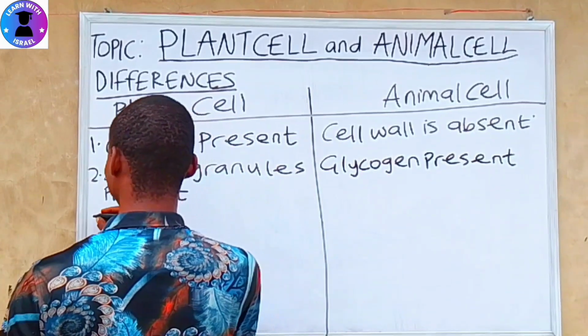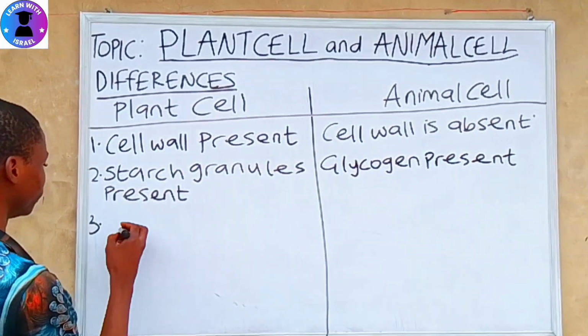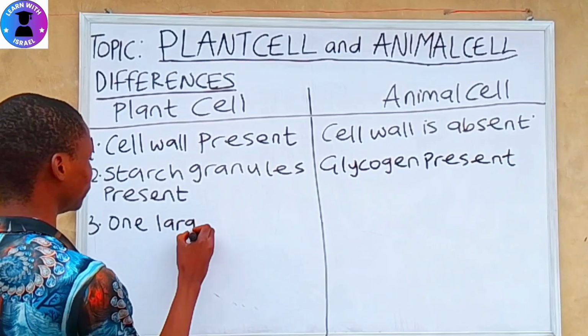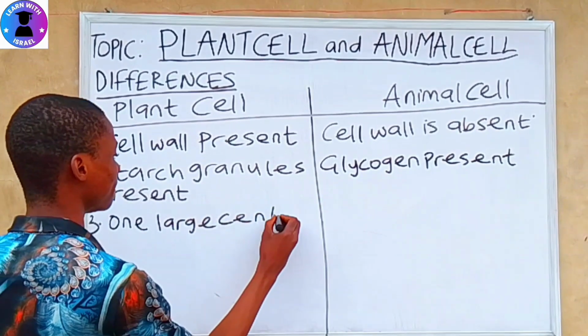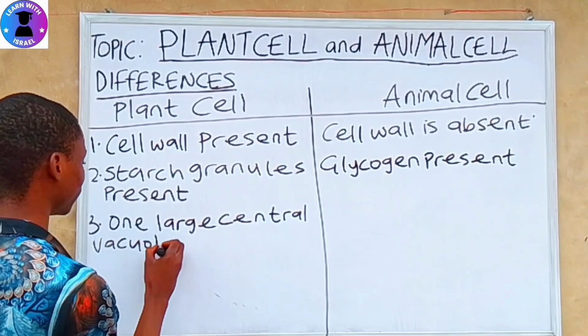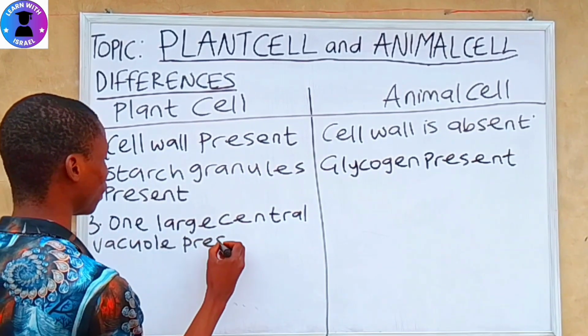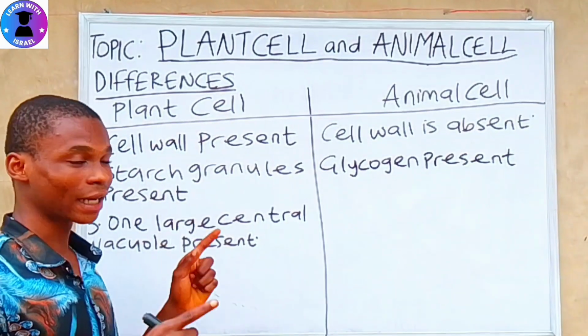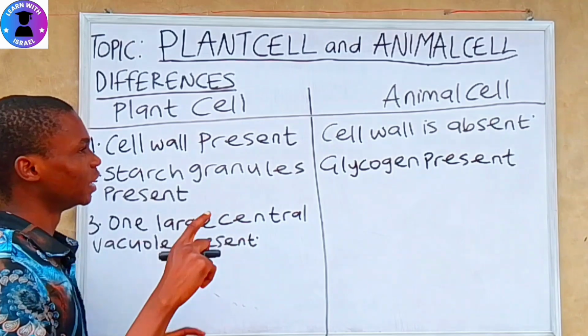So the third one is one large central vacuole present. Once I'm showing the diagram, I will explain this to you guys.